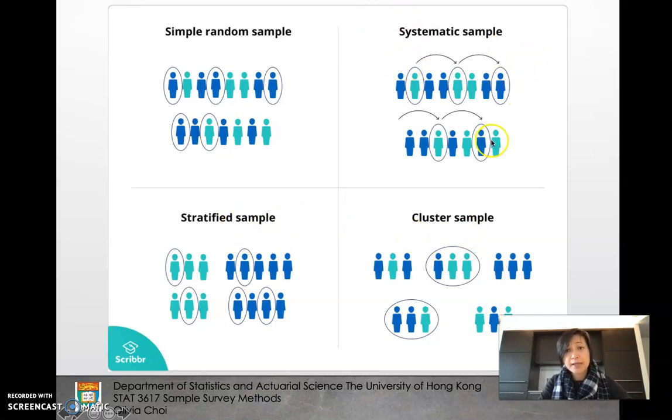Systematic sampling is usually used because it's very easy to choose the sample. For example, if you ask an interviewer to interview people who walk out of a particular supermarket during the day, the interviewer might have some kind of bias towards who is going to be chosen for the sample.